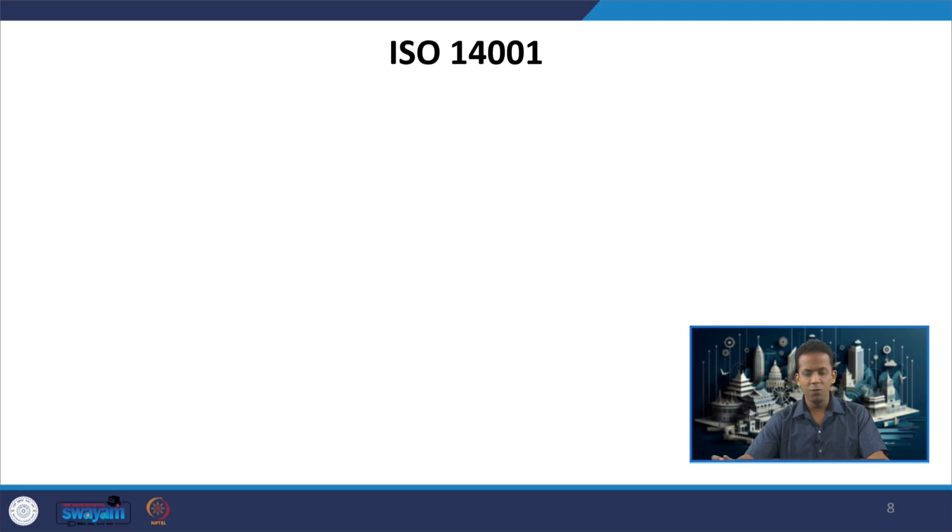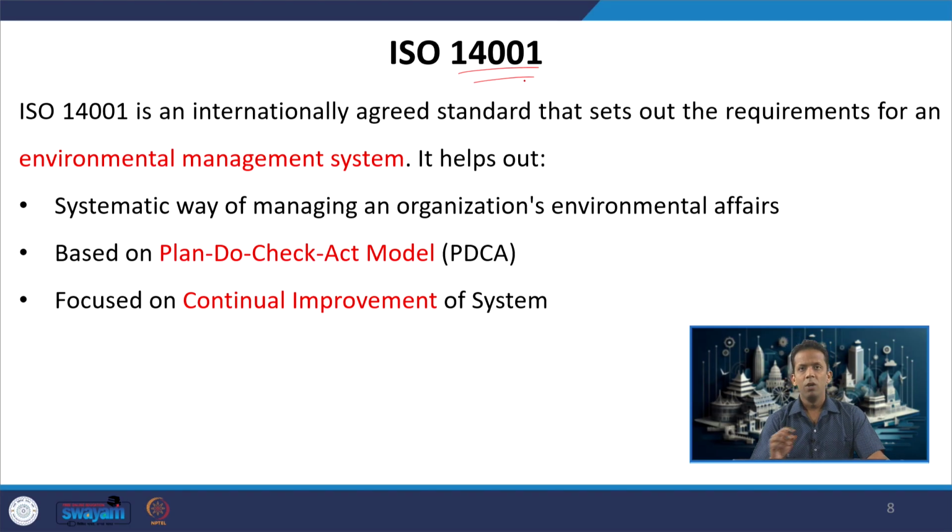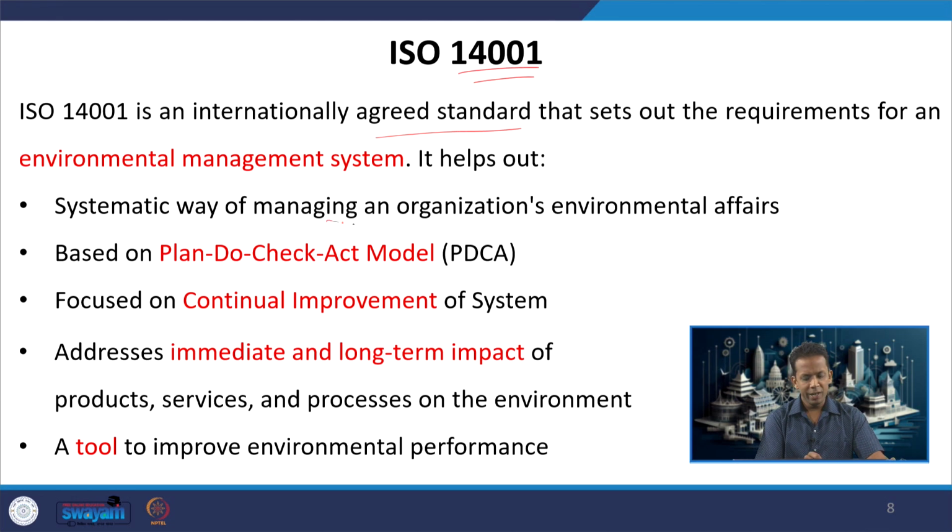Now, specifically focusing on 14001, which is the environmental management system. It is an internationally agreed standard that sets out the requirements for an environmental management system. And what does it do? It helps to systematically manage the environmental affairs of any organization, and it is based on the PDCA cycle: plan, do, check, act.